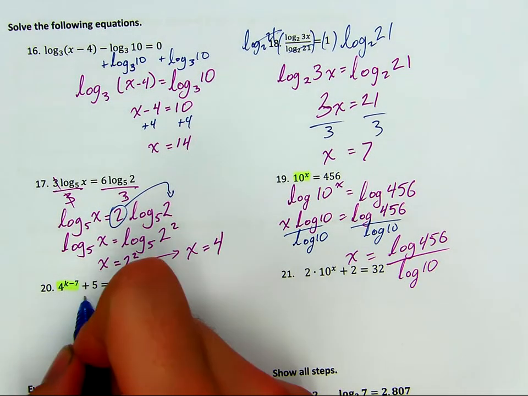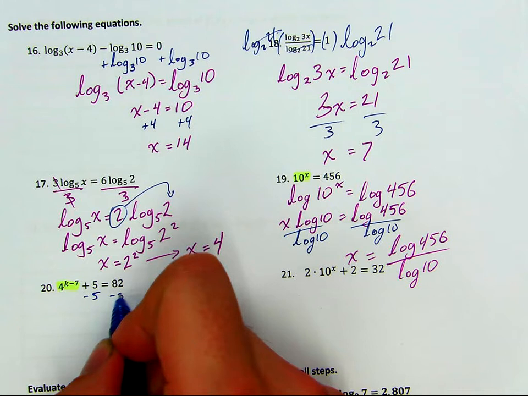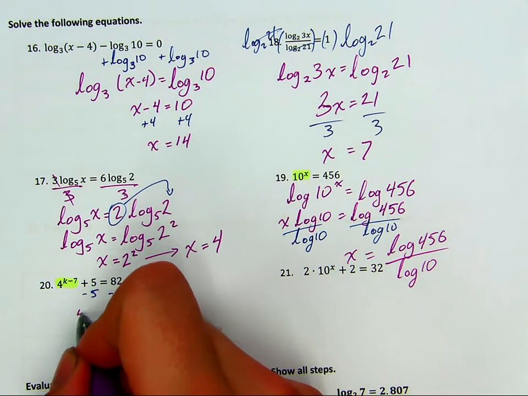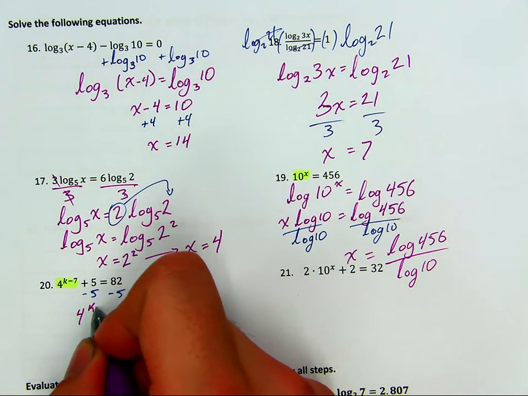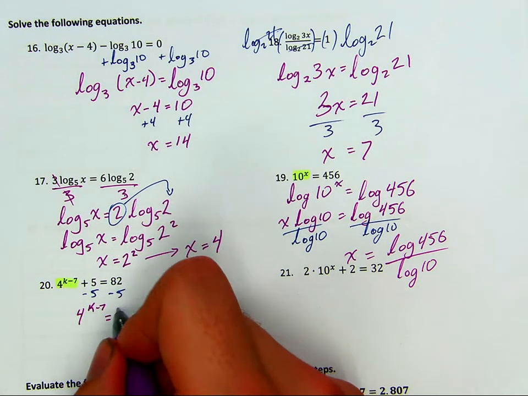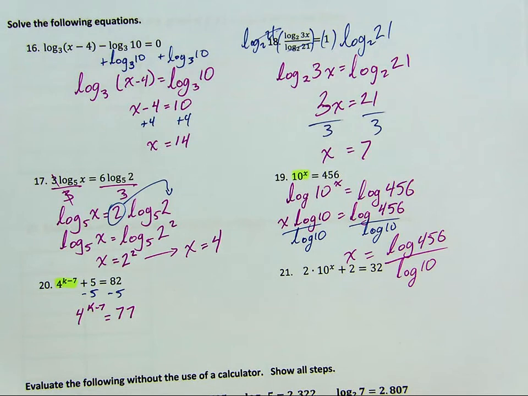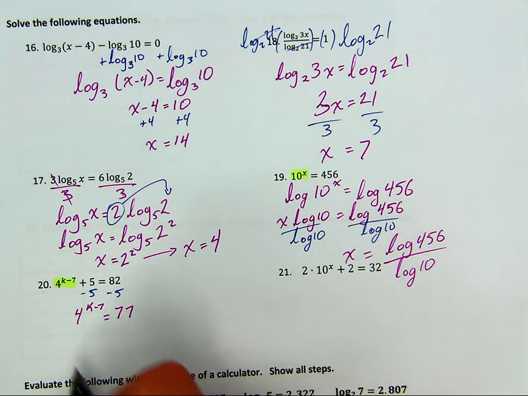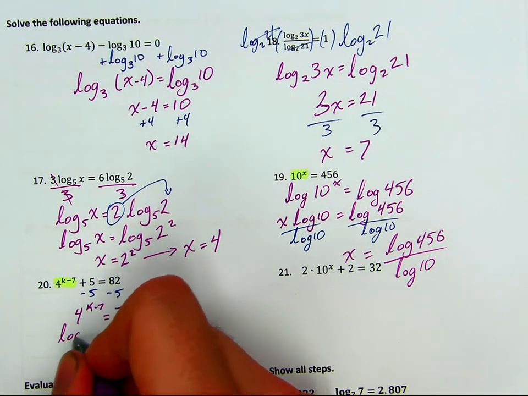That's going to give us 4 to the power k minus 7 equals 77. Now, all we're left with is the base, our exponent, and then this answer. So we can now take the log of both sides, just like we did over here in 19. Taking the log of both sides, we get log of 4 to the power k minus 7 equals the log of 77.